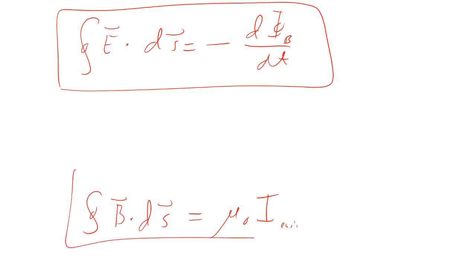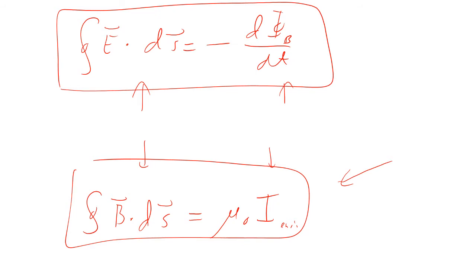So now we have Ampere's law, and everything looks fine, except that Gauss's law was pretty symmetric, and Ampere's law and Faraday's law both have the integral of field dot ds. This is where it became a little confusing for physicists, because this one is the rate of change of flux, and this is the flow of charge. So there's a slight difference here that was difficult to reconcile.